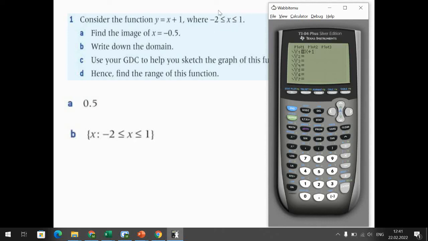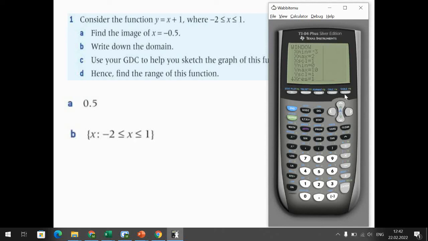It gives us a domain here, so I'm going to do a domain a little bit less and a little bit higher. So I'm going to go window. I'm not saying the domain, sorry, I'm setting the graphing window, right? We want to look at the line between -2 and 1. So why don't I just put an x value from -3 to 2. So I'm going a little bit before, a little bit after. We're going to graph a little bit before and after to see what it looks like.